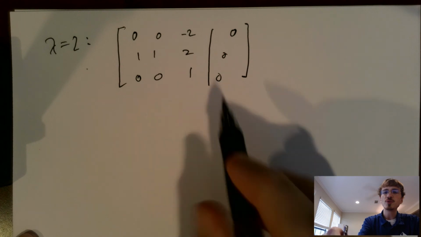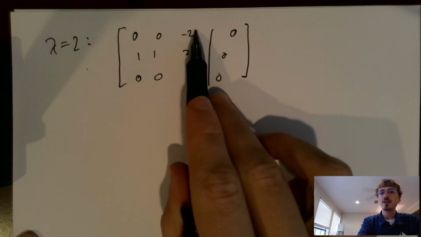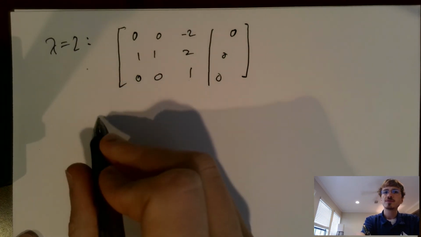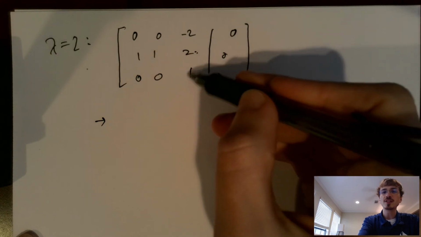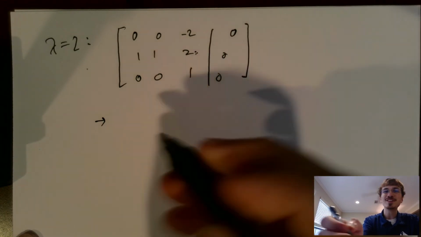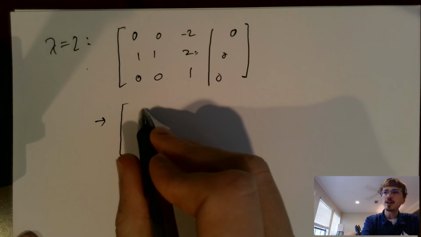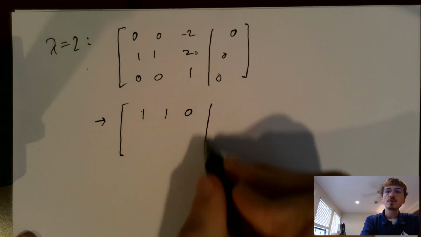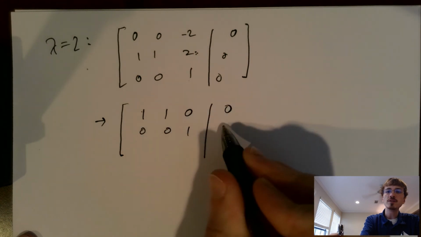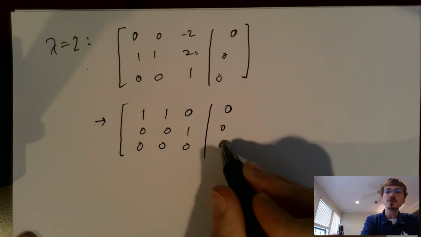Well, let's do some row reduction. I can immediately kill this negative 2, and I can kill this 2, so I can take this one, murder everything above it, and do some row operations. And I see that this should become something like 1, 1, 0, augment 0, 0, 0, 1, 0, 0, 0, 0, 0.